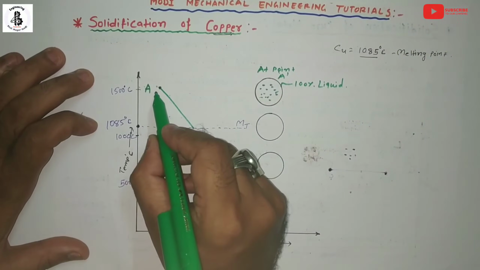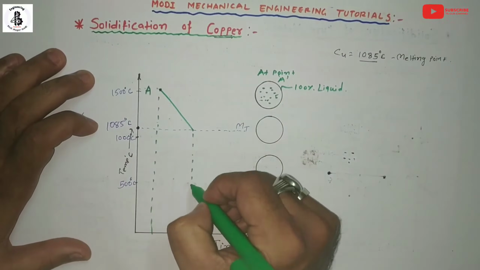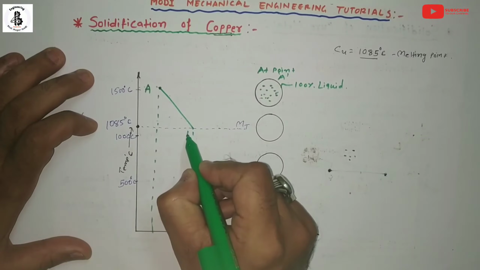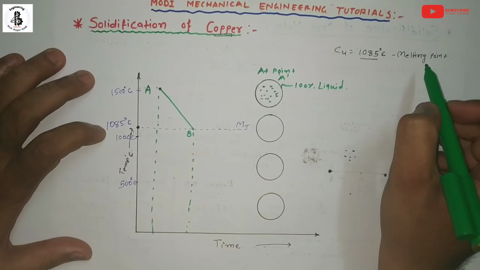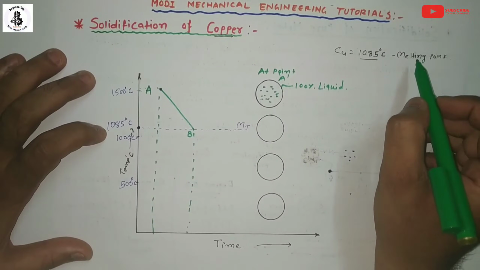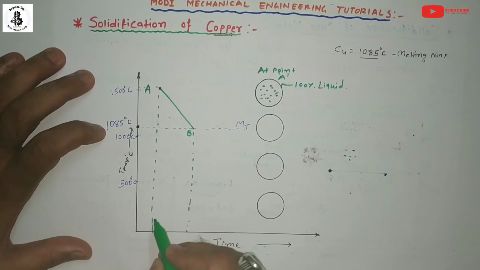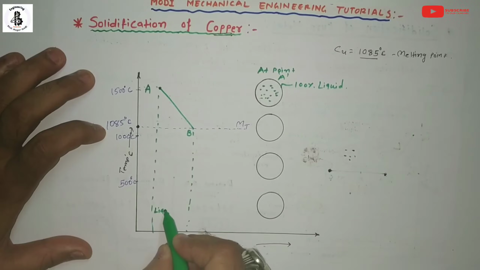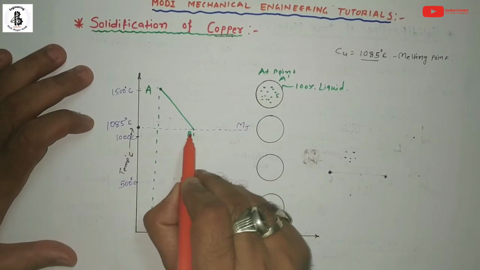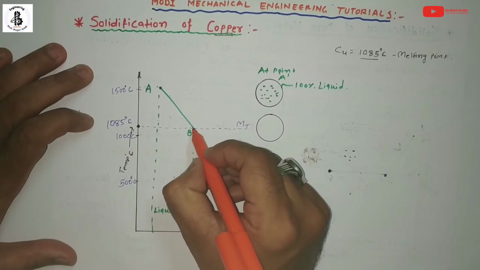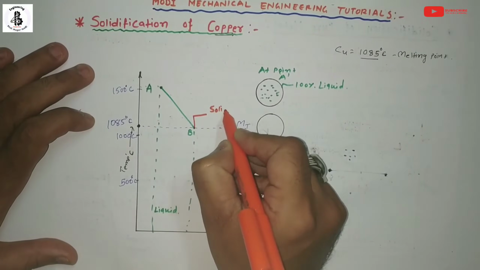So cooling with respect to time, up to point B, or you can say up to the temperature at your melting point or freezing point, because for single metallic elements they are the same, it will be 100% liquid. Once it touches point B, that is the point of freezing, or solidification start.